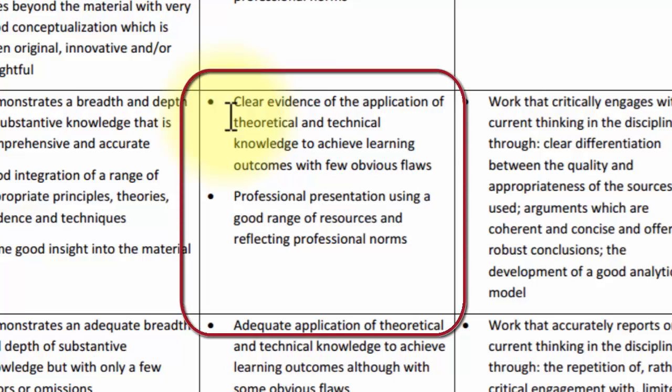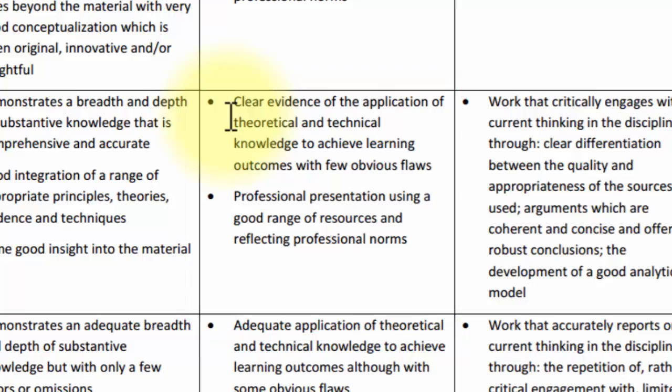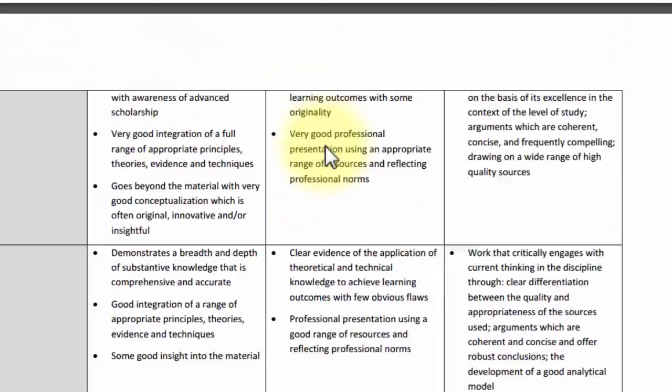clear evidence of the application of theoretical and technical knowledge to achieve learning outcomes with few obvious flaws, and professional presentation using a good range of resources and reflecting professional norms.